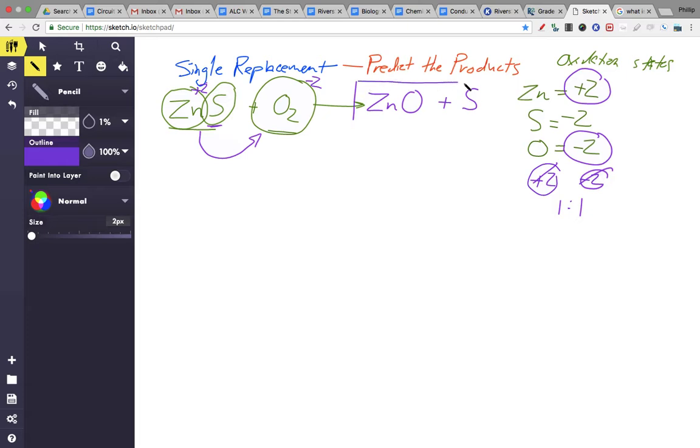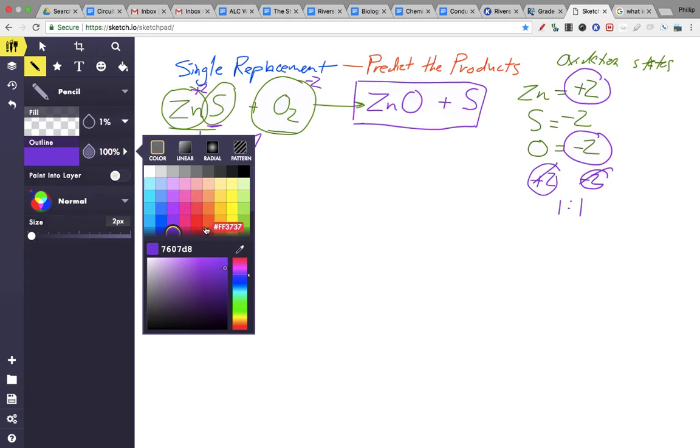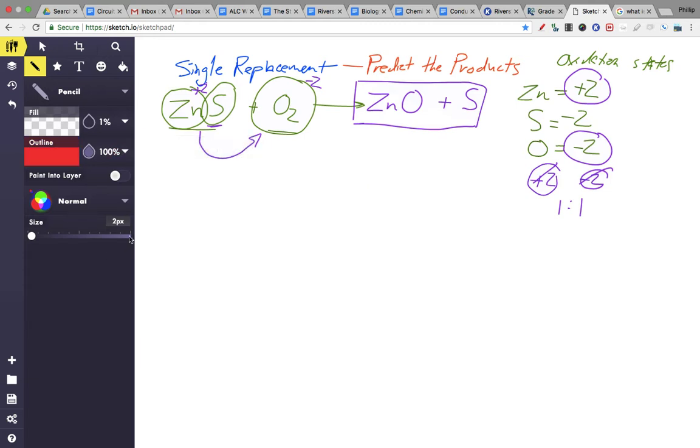That is the prediction part of that reaction. And then once you have those reactants and products figured out, you would have to go on and do the balancing, which is usually pretty straightforward, and you should have had some practice with this already.